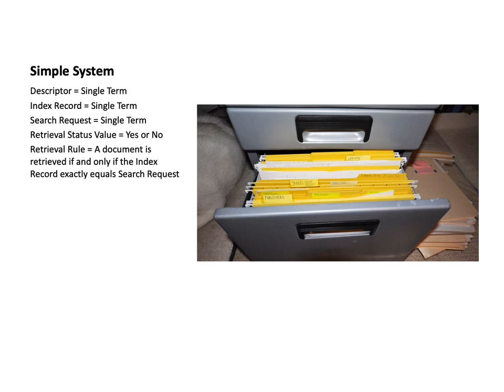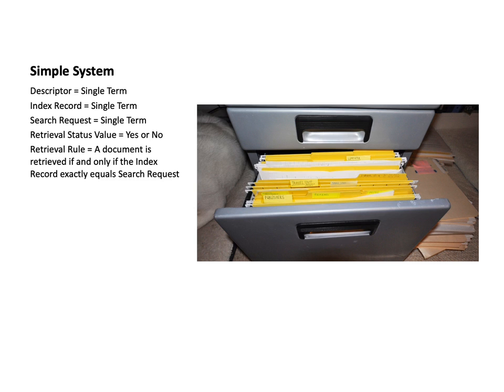It might have a couple of words in it, but you've got only one of those tabs on the top of the folder, so that's a single descriptor, a single atomic description. The index record can only be a single term, and the search request can only be a single term. The retrieval status value is yes or no.